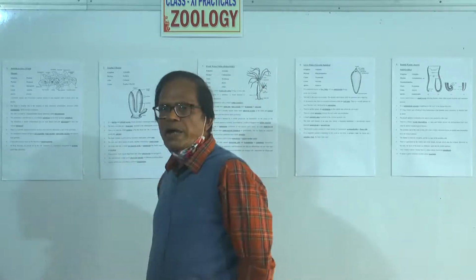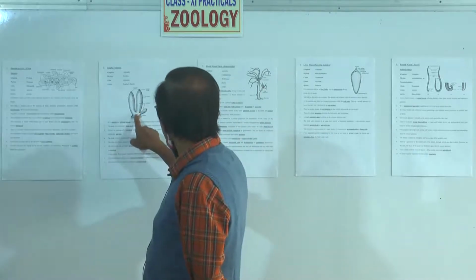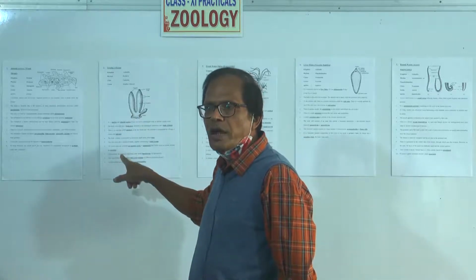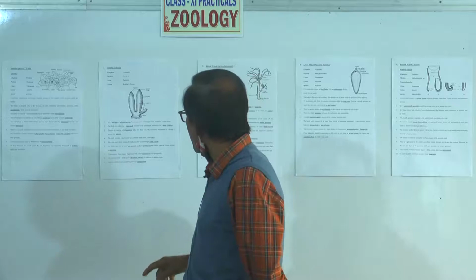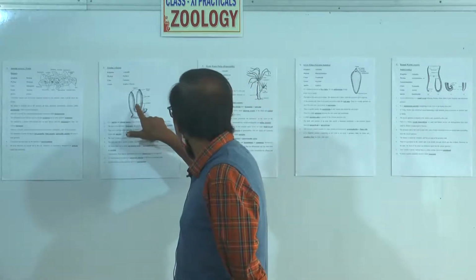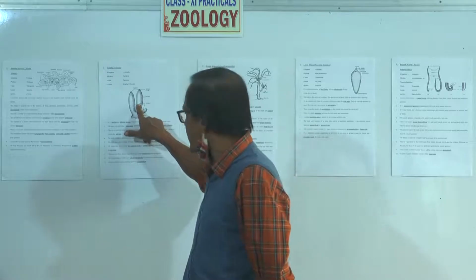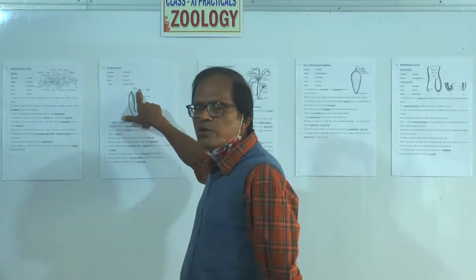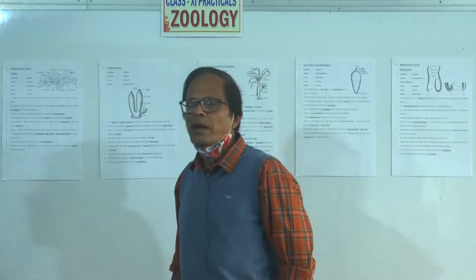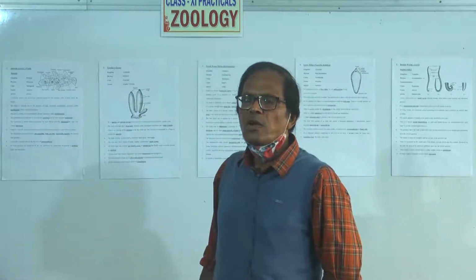The body is divided into a basal part. Look at this. With the help of this basal part, the sponge is attached to a submerged substratum. The part that emerges from the basal part is known as the body cylinder. And at the top of the body cylinder, there is a very wide opening which is known as the osculum.